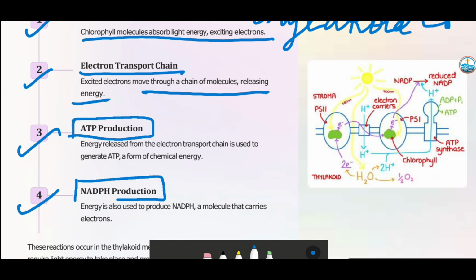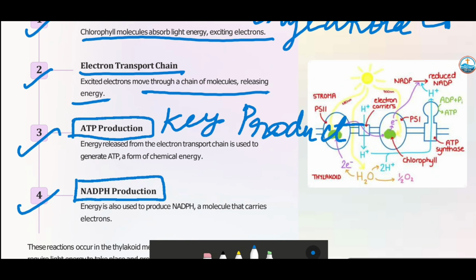Please note down, make short notes, pointers, so you can understand whenever you are studying alone. As a result of the light reaction, these two are the key products, ATP and NADPH.